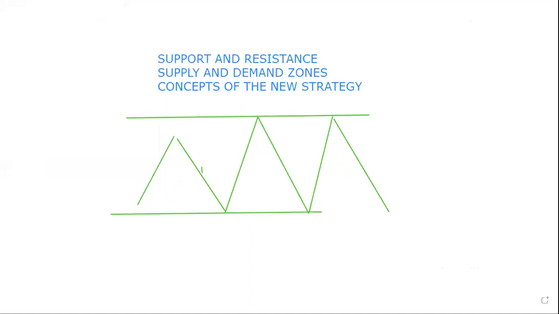Okay, so for supply and demand zone, before I forget, in some cases for support and resistance, you can use trend lines, you can use moving averages. So it may not be a flat floor, it could be something like this.